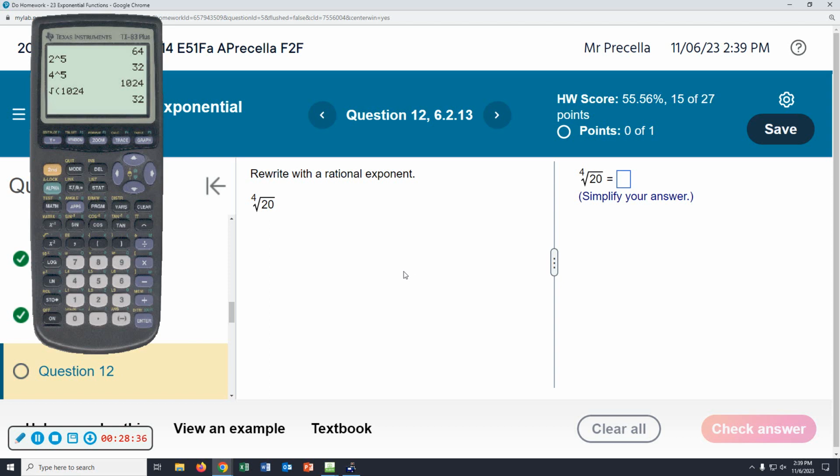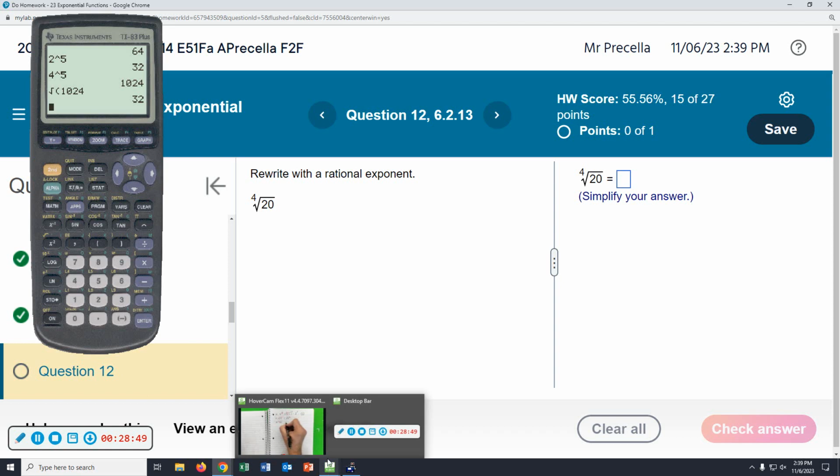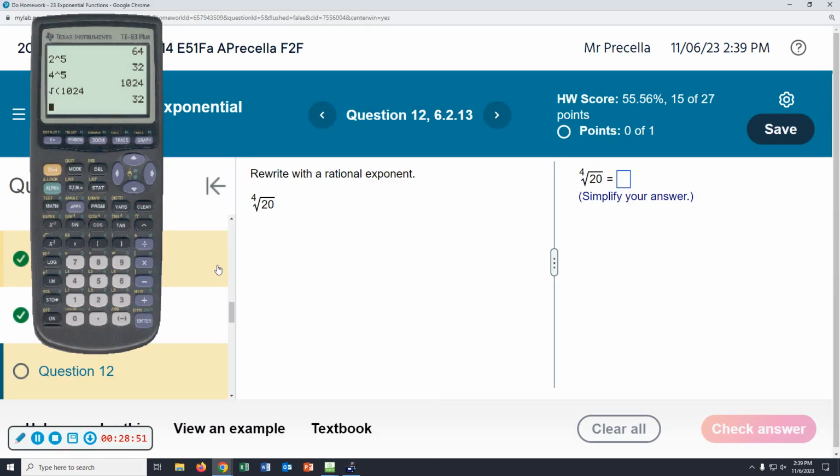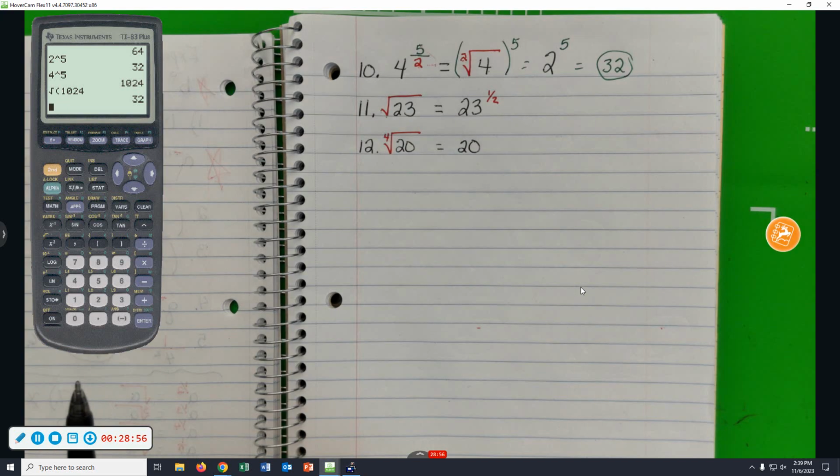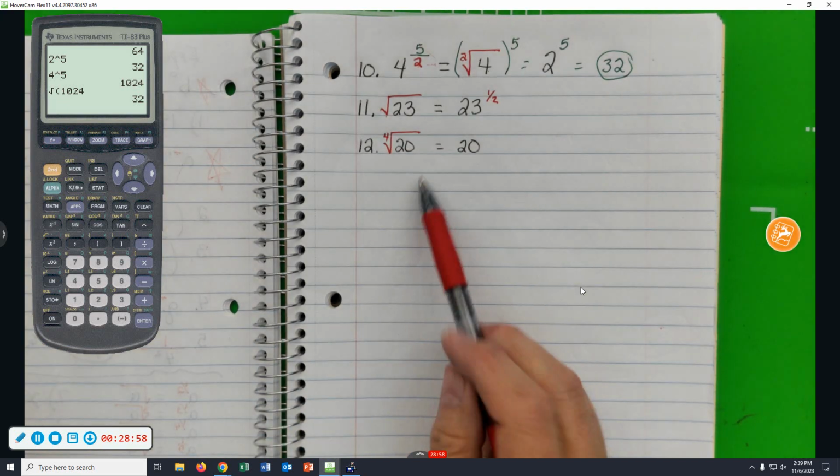Write it with a rational exponent. The 4th root of 20, my goodness. What am I going to write it as?